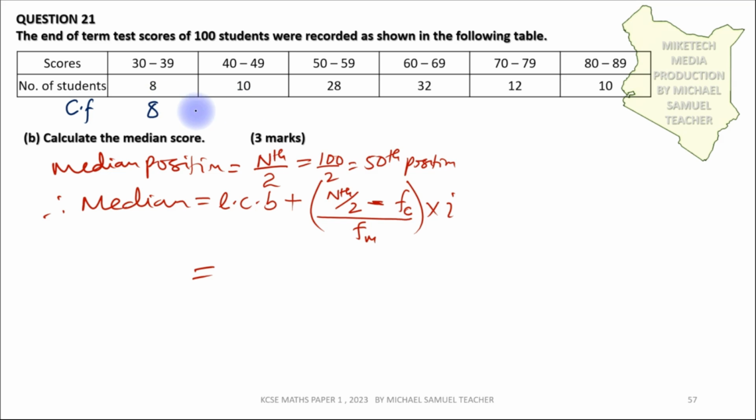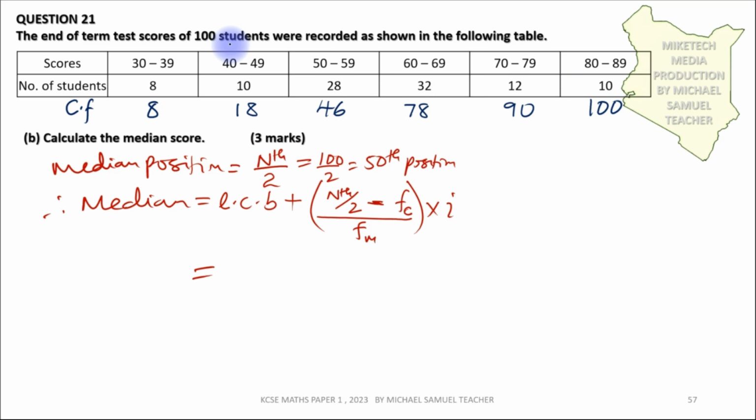We have 8, then 8 plus 10, that is 18, 18 plus 28, that is 46, 46 plus 32 gets 78, 78 plus 12, that's 90, then 90 plus 10, that is 100, which must be equal to the total number of students.